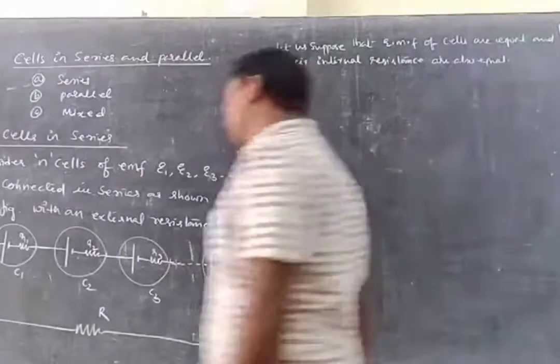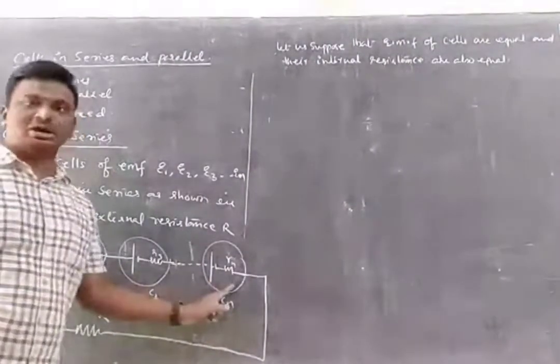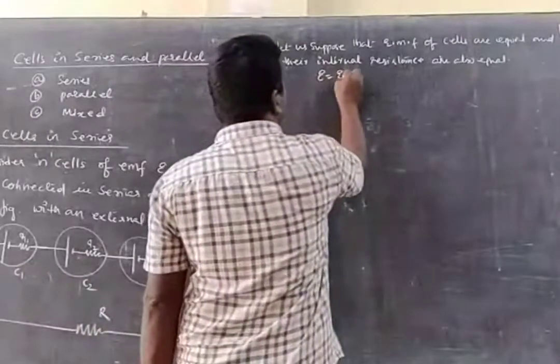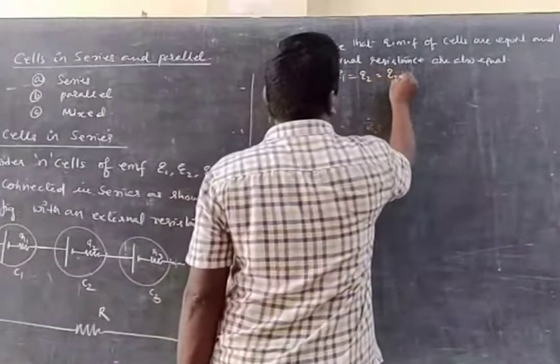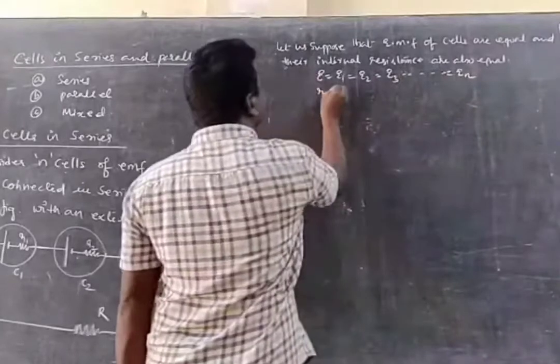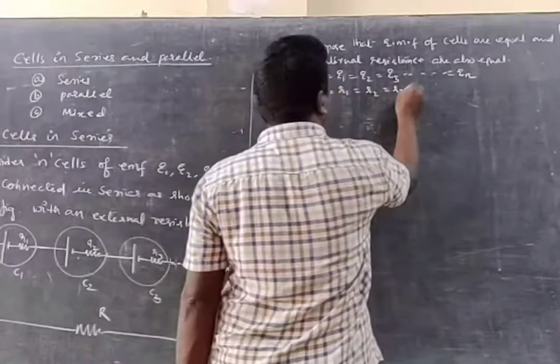So that means R1 equal to R2 equal to R3 equal to Rn. That is, EMF E is equal to E1 is equal to E2 is equal to E3, and so on, equal to En. At the same time, r is equal to r1 is equal to r2 is equal to r3, and so on, equal to rn.